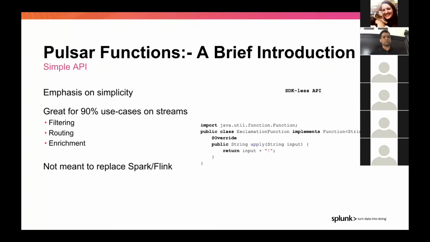It's a perfect fit for all of these kinds of things. At the outset, the aim was not to replace Spark, Flink, or any other heavyweight streaming engines. Heavyweight streaming engines have a place. The aim was, for your 90% use cases, you can get away with a simple API and a simple execution framework. So that was a core genesis idea.